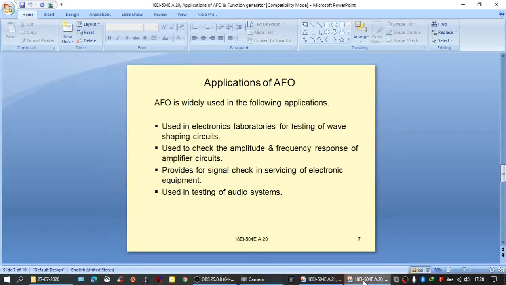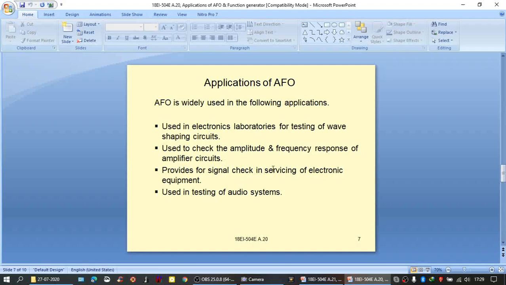And the applications of audio frequency oscillator are: they are widely used in electronics laboratories for testing of wave shaping circuits and used to check the amplitude and frequency response of amplifier circuits, and they are used to provide signal check in servicing of electronic equipment, and they are used in testing of audio systems.